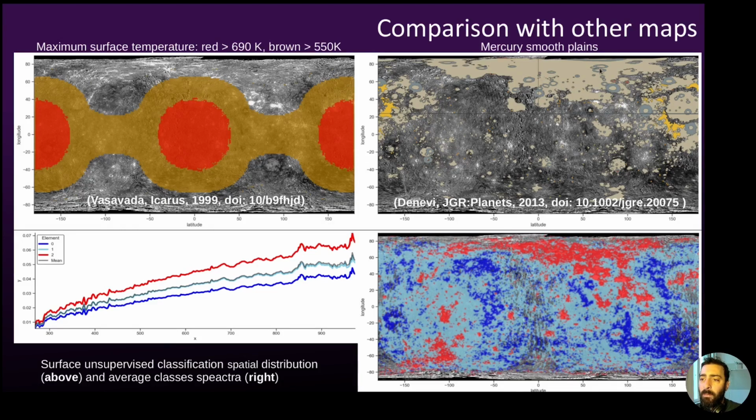This part is remarkably similar to this red region in the north. Then you have some patches here, and you have a part in the south that could be related to this one, but we have to make a better one-to-one comparison.